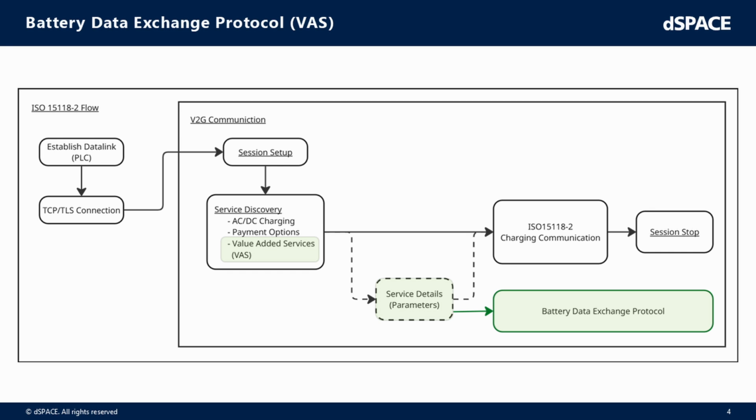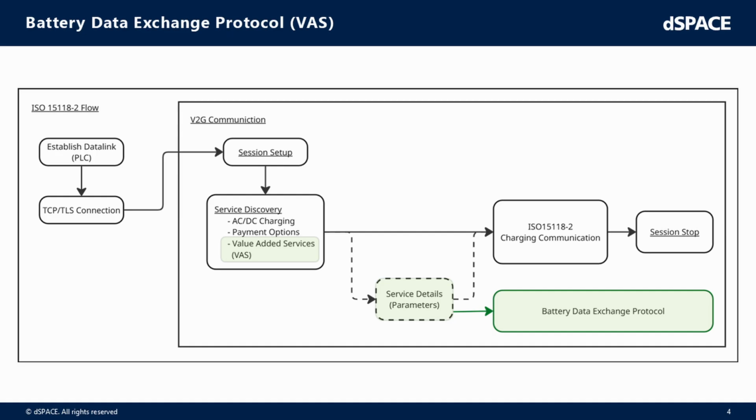these VASs. After that, maybe the electric vehicle only wants to charge, then we go directly into the ISO 15118-2 charging communication. But in this case we also want to start the battery data exchange, and therefore the electric vehicle needs more parameters about the service.